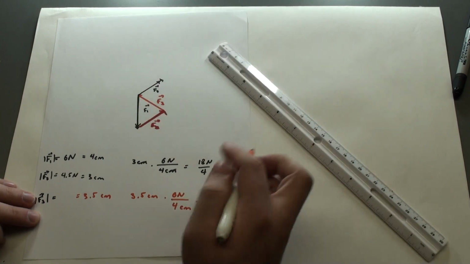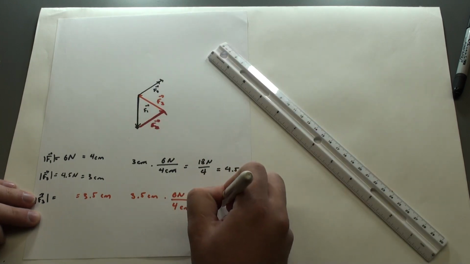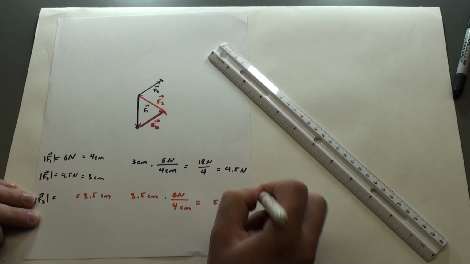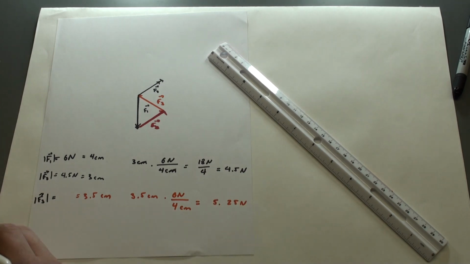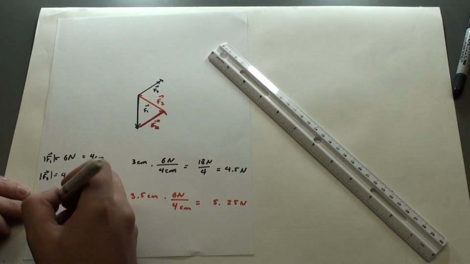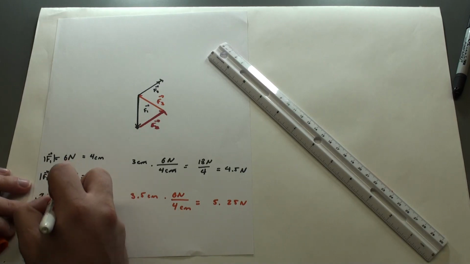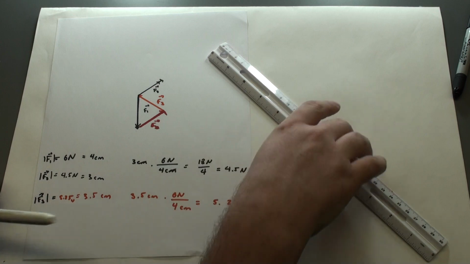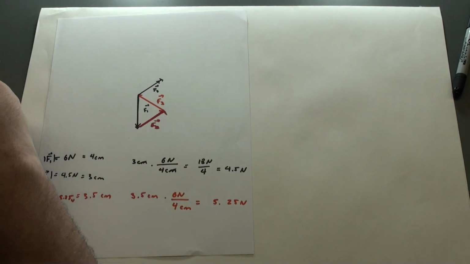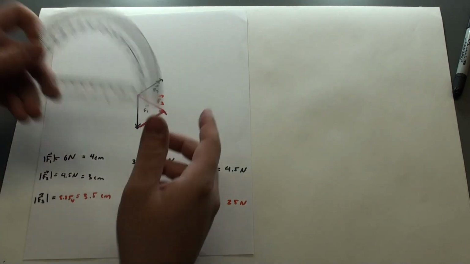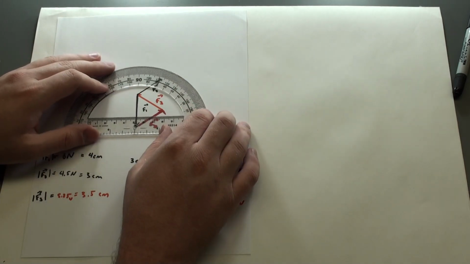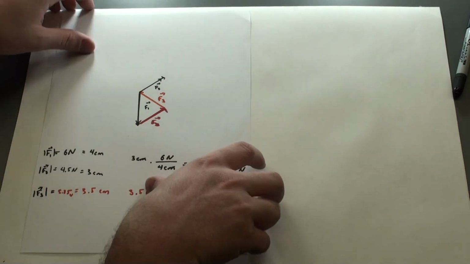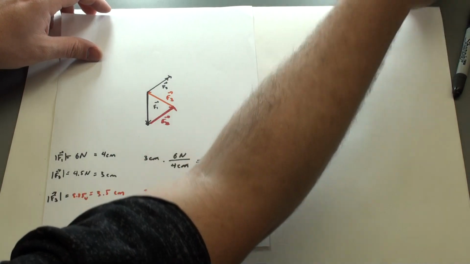So in the long run, that ends up to be 5.25 newtons. So that would tell us that our third force, the magnitude of it at least, is 5.25 newtons. And then that just leaves sorting out the direction, and that is just a matter of using our protractor and setting a coordinate system.